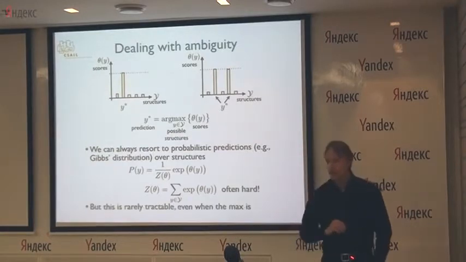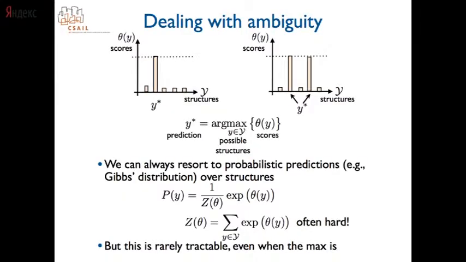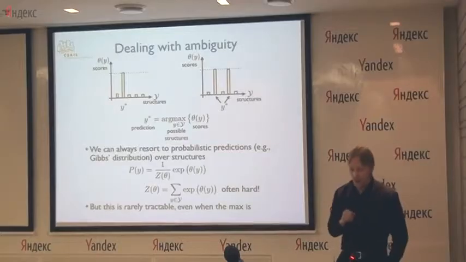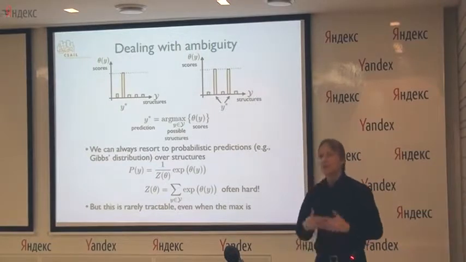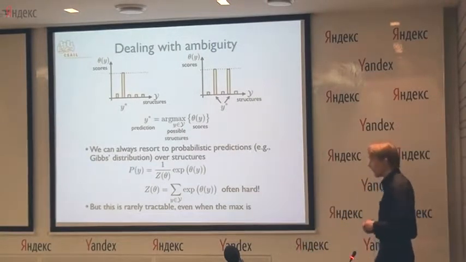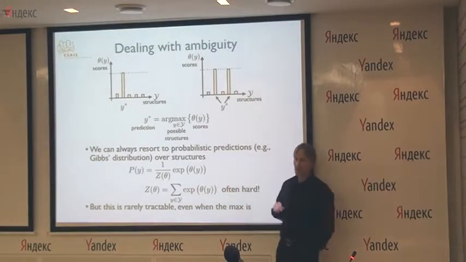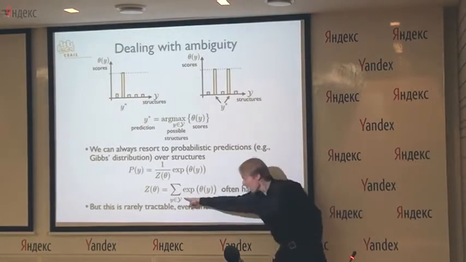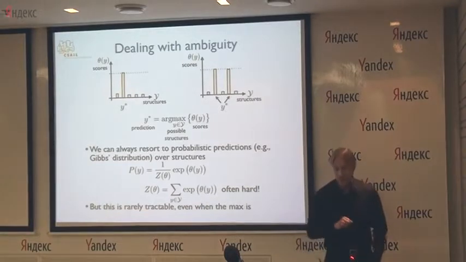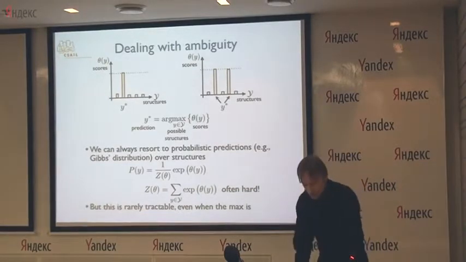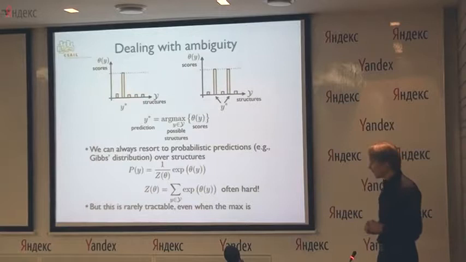The problem is that very often this problem is very hard. All right? If making a single prediction was already quite challenging, summing over all possible super exponential number of structures is even harder problem, often. All right? And in particular, it is this normalization here where you have to sum over their structures that makes this problem very challenging.